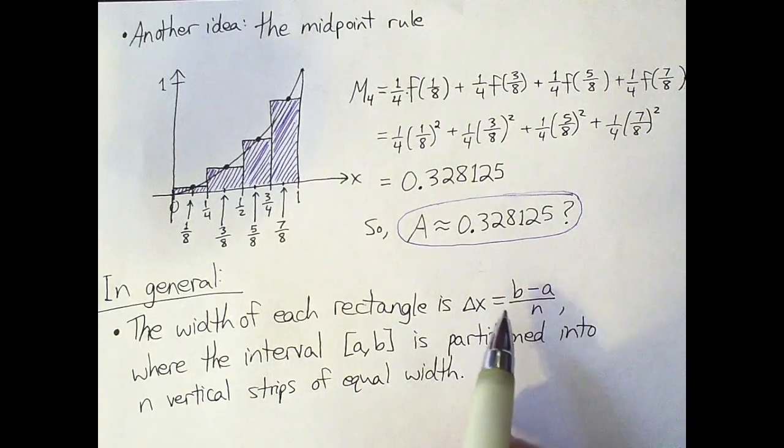Does that make sense? Yeah, look, it works with the example we did earlier. We'd have (1 minus 0) over 4. So the width of all of these was 1/4.